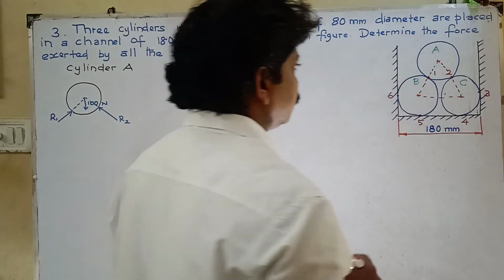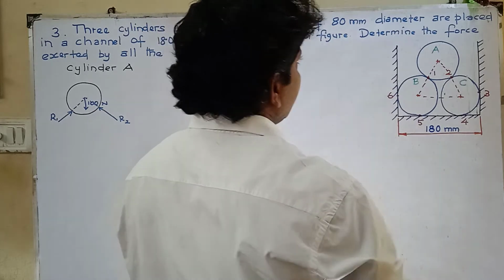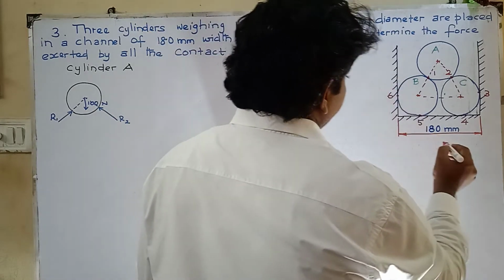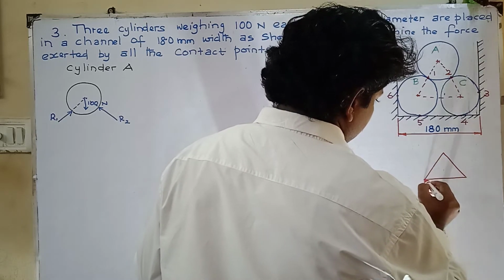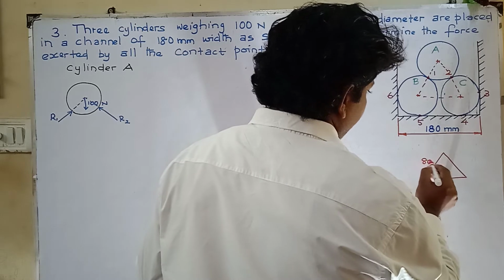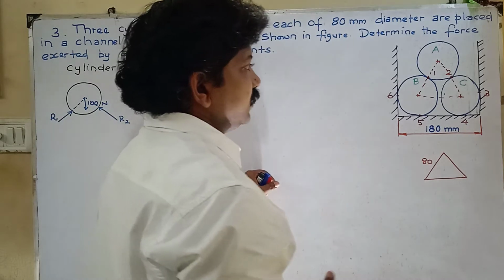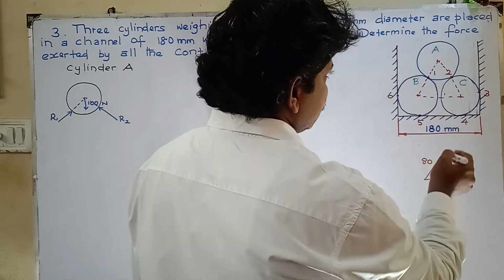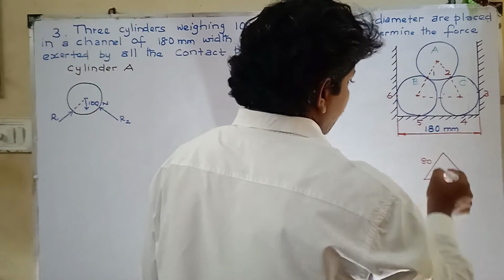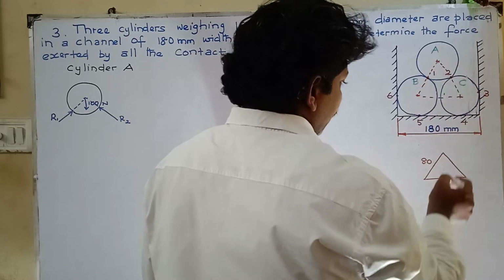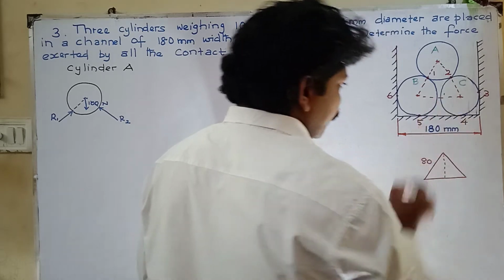The radius of each cylinder is 40 mm, so this side is 80 mm. The line from the center of gravity of cylinder A equally divides the base.